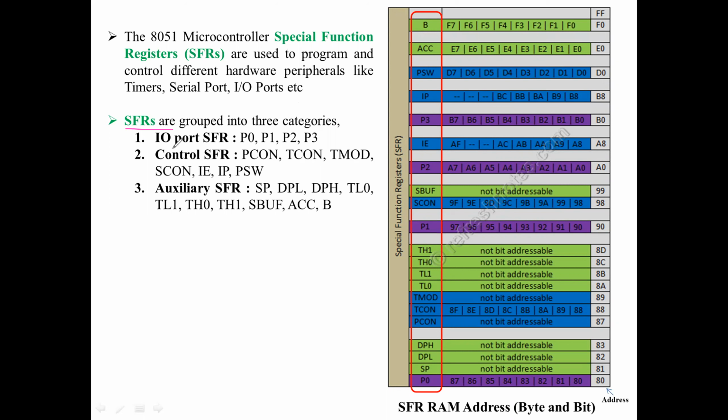Here this SFR RAM we are segregating once again into 3 parts. First is the input output port SFR, that is which register is used for port operation, so that any particular port pin can be controlled. For example, we have seen the SETB instruction.